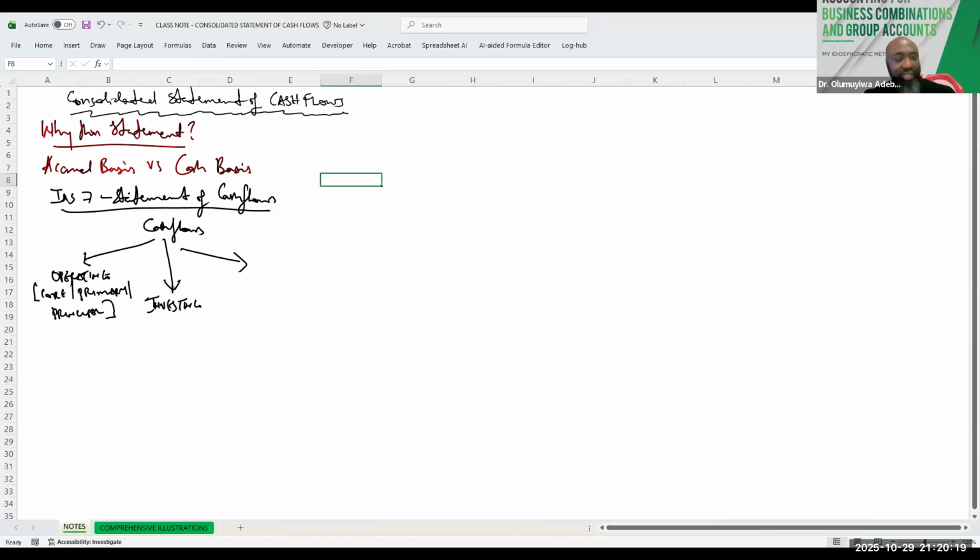And such cash flow will be reported within investing activity.